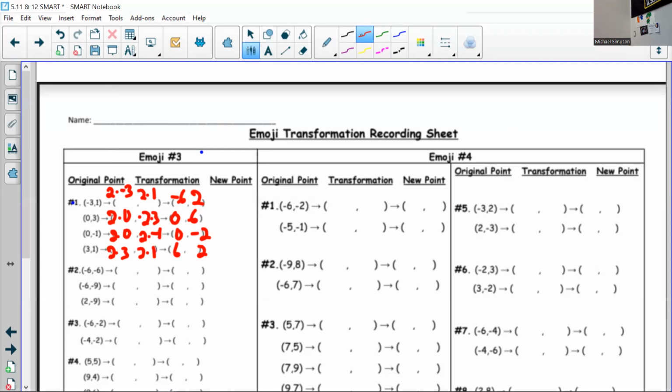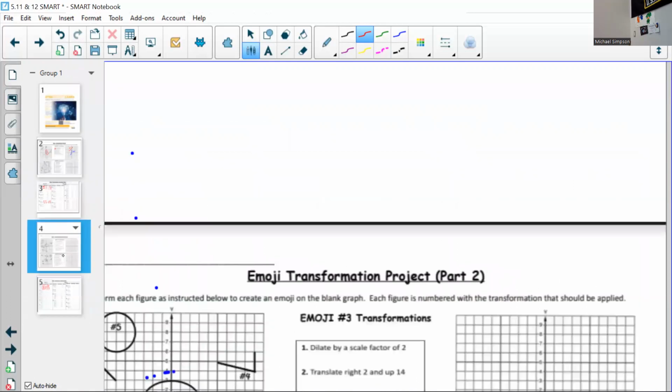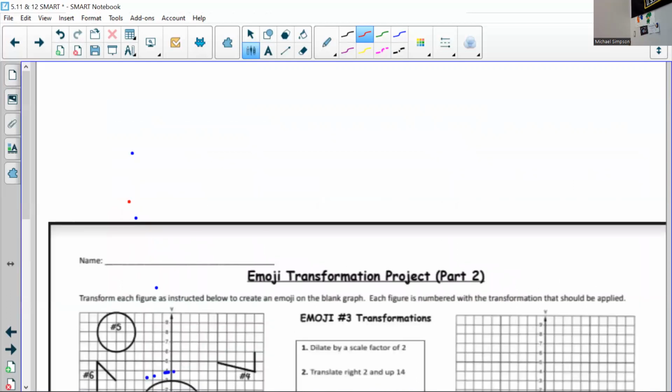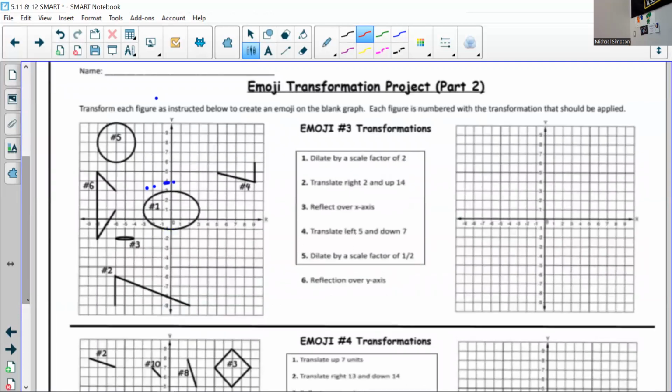So let's go back now to the graph and we can plot those points. Here we know we have -6, 2. Over -6 and up 2, that's my first point right there. And 0, 6 is right there.